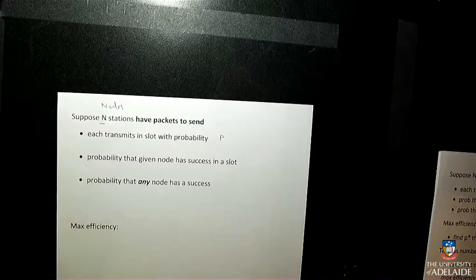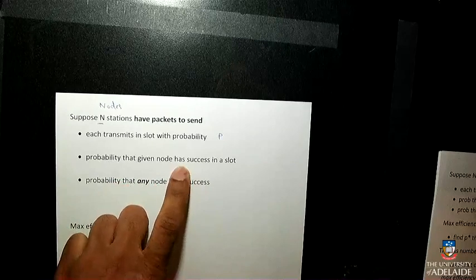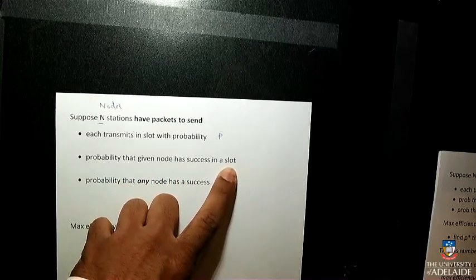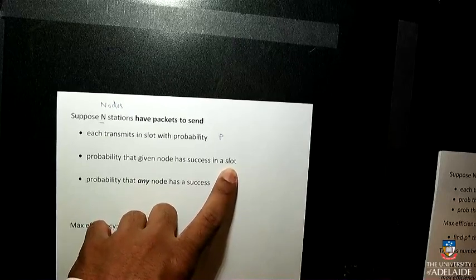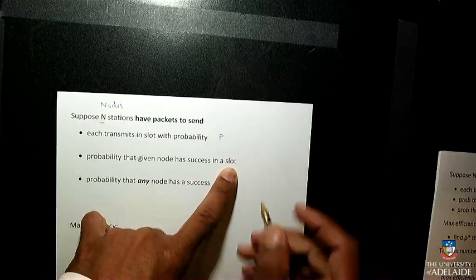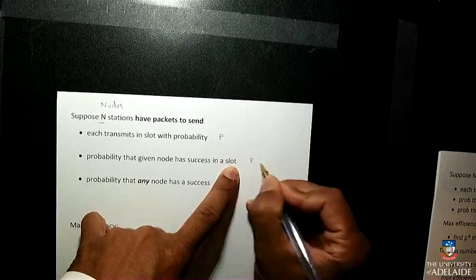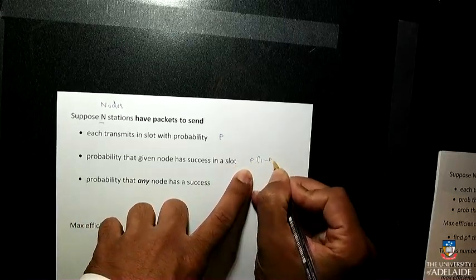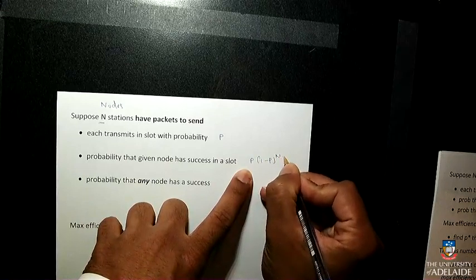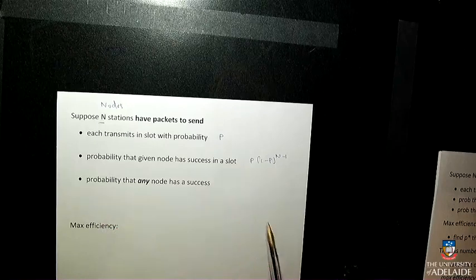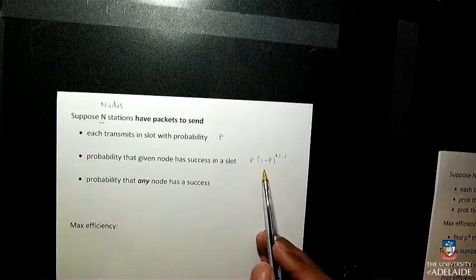Then the probability that a given node has success in a slot: if there are n nodes and I want a successful transmission, I should be the only one transmitting, and every other node, the n minus 1 nodes, shouldn't be transmitting.